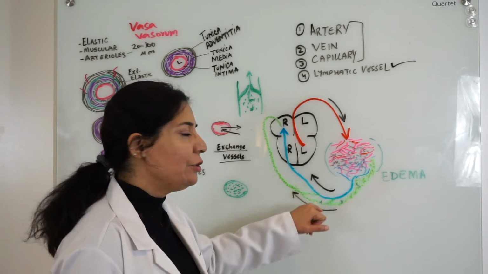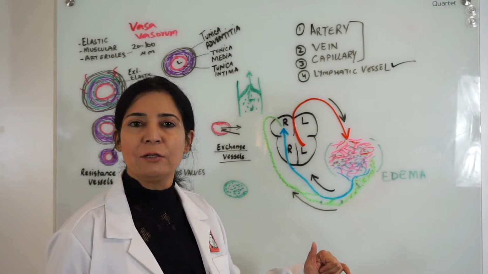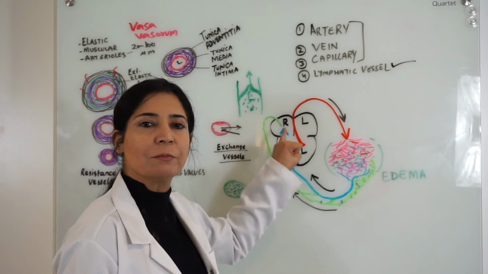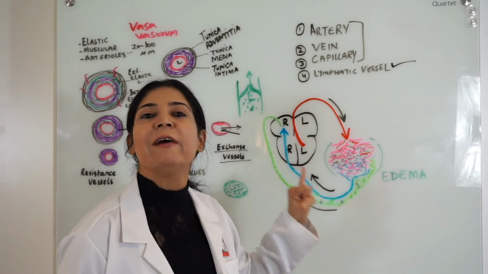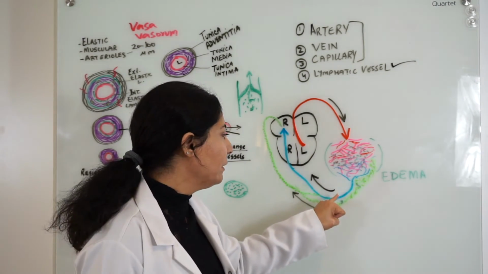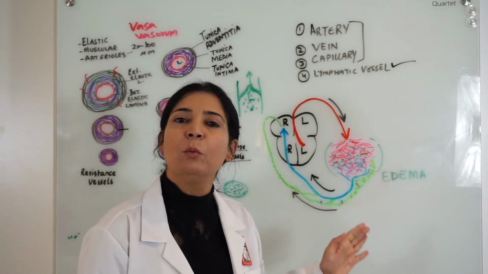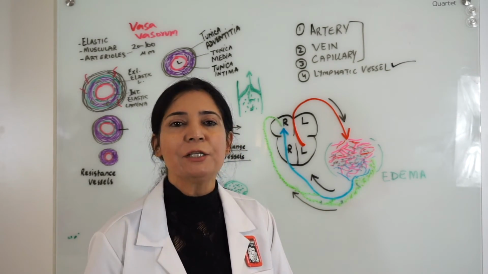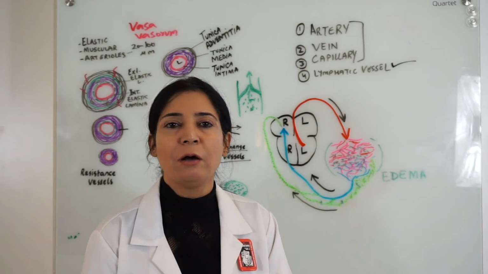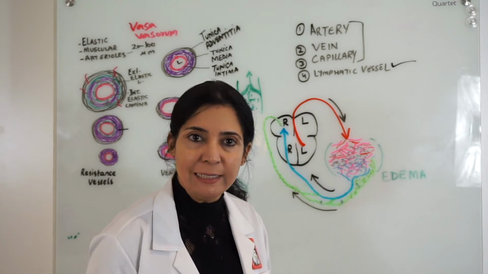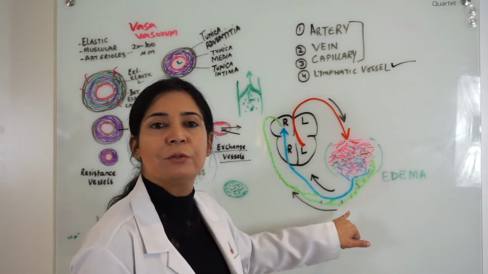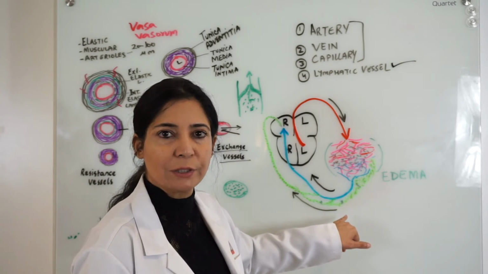Then, running parallel to the vascular system, we have the lymphatic system, a network of lymphatic vessels which, developmentally, sprout out from the walls of the large veins. So they are much closer to the venous network.